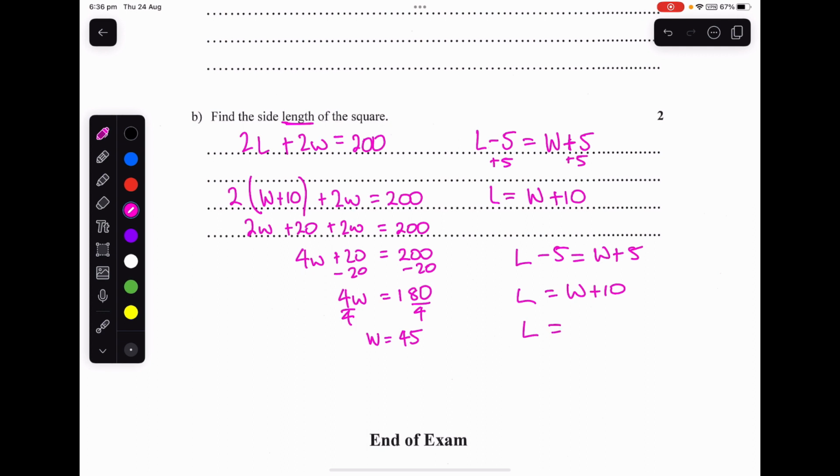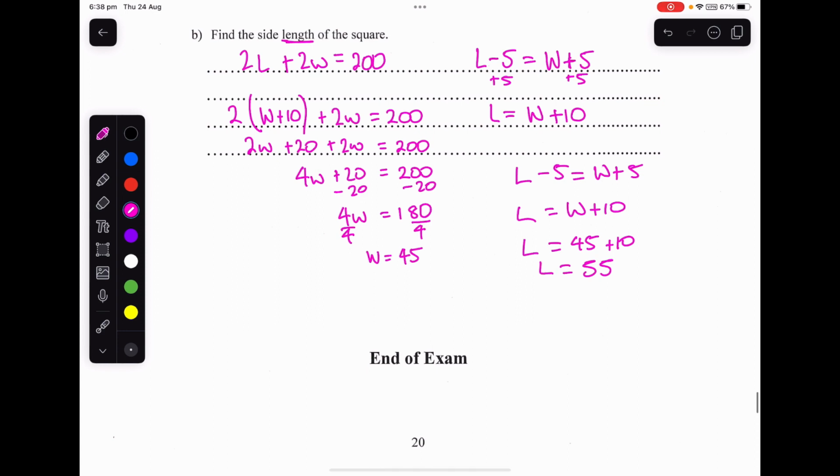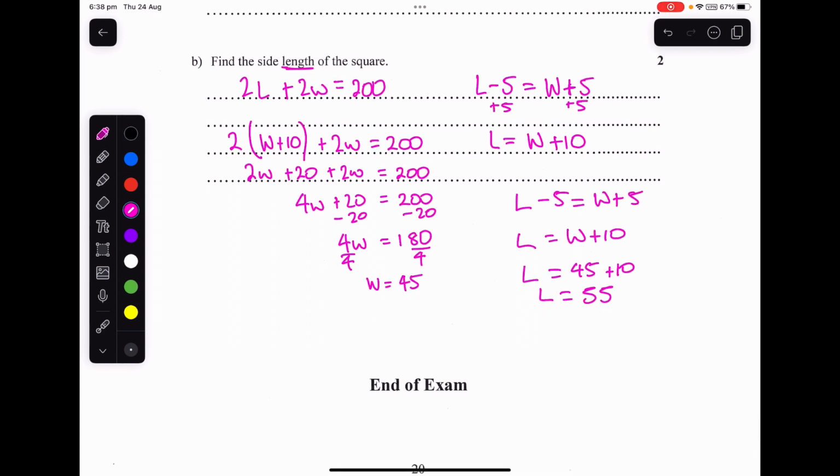So my length is going to be 45 plus 10, which will give me 55. Now you can check if this answer is correct because we now have an L and a W. So let's take it back to the rectangular part where it said 2L plus 2W equals 200, and we'll put our L and our W in there. So that would be 2 times 55 plus 2 times 45 equals 200, which is correct.